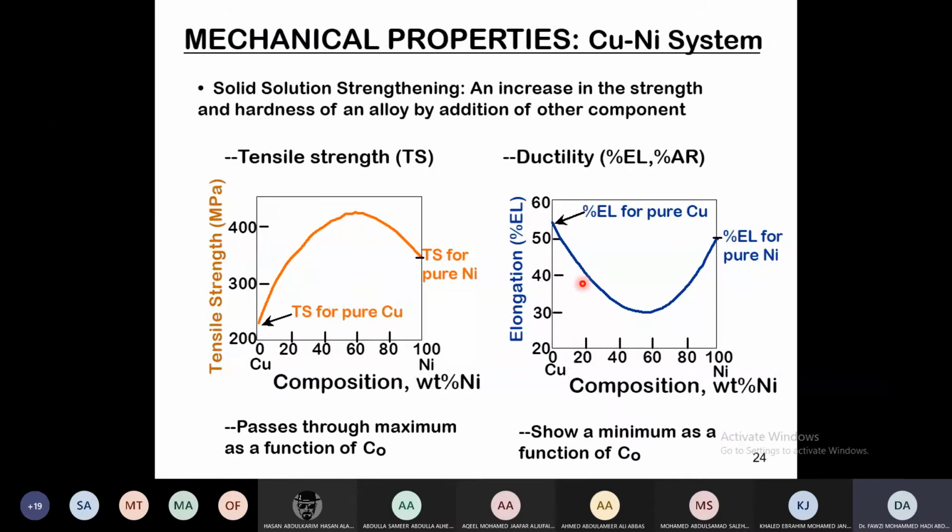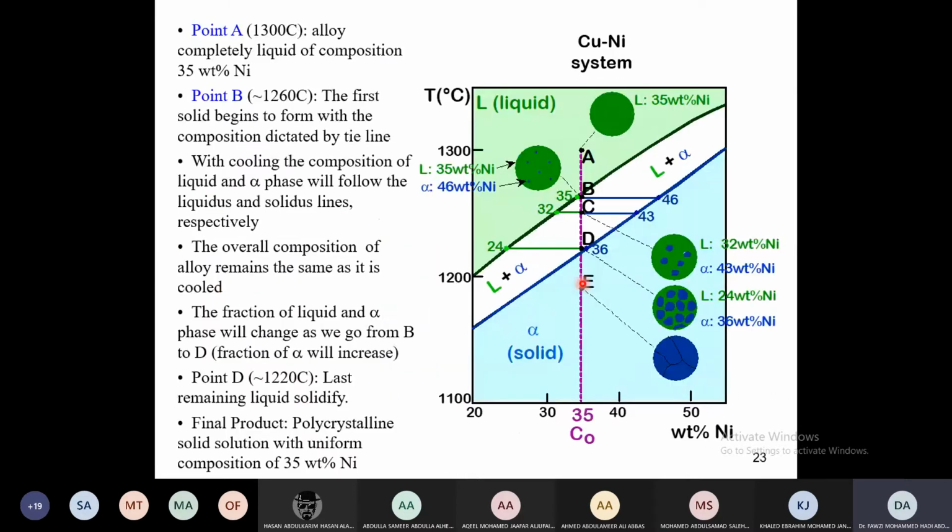In terms of mechanical properties of the copper-nickel system, that is also important, because why are we studying the microstructure development? Basically to be able to predict it or to design the microstructure. And why are we trying to predict or design the microstructure?